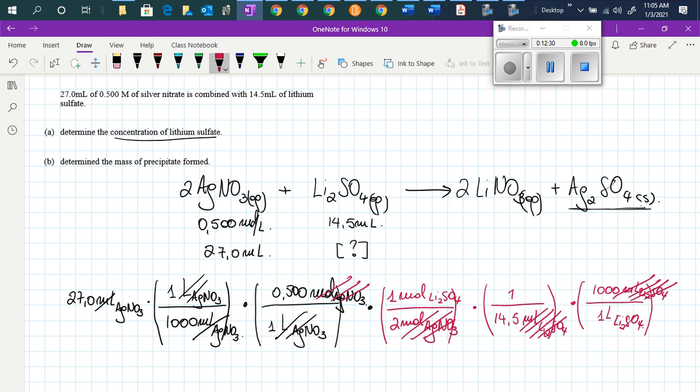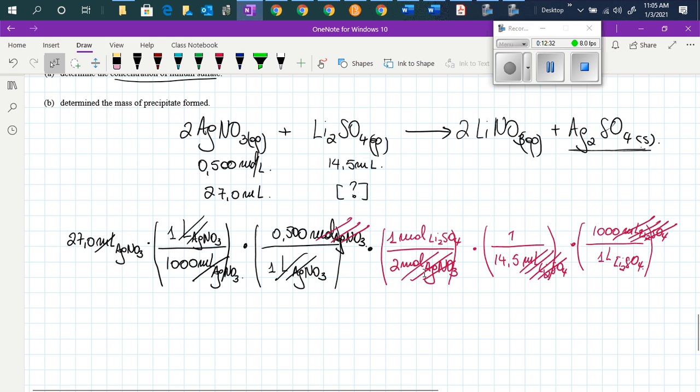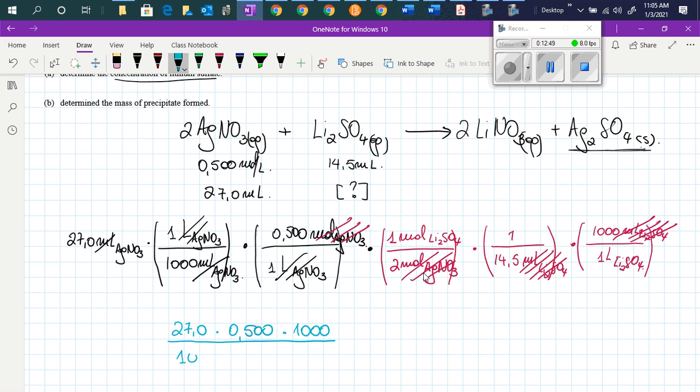Now, in terms of the numbers, what we have here is 27 times 1 times 0.500 times 1 times 1 times 1,000 over 1,000 times 1 times 2 times 14.5.